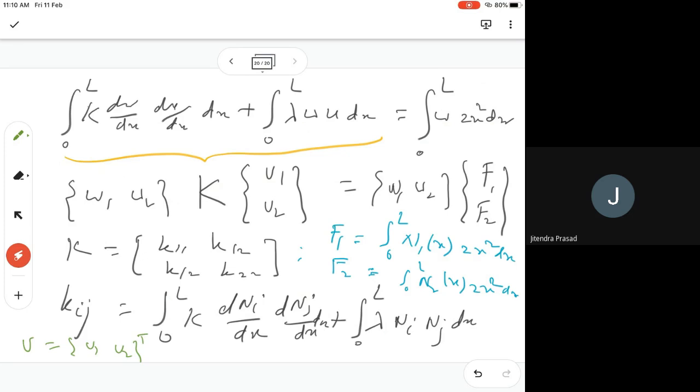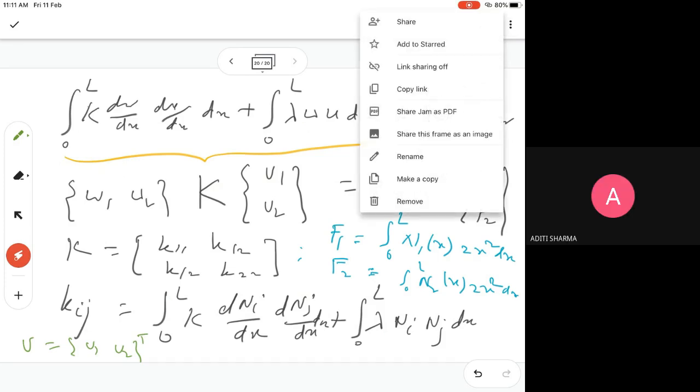The problem here is you have x multiplied by d square u dx square, but it should be inside: d over dx, and then inside we have E as a function of x and A as a function of x. In this case, x is outside. So first you have to convert this into a form where the second differential is outside and there is nothing outside of that. You got what I'm saying?